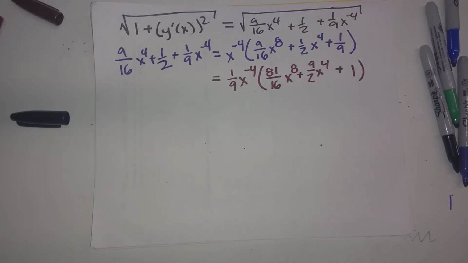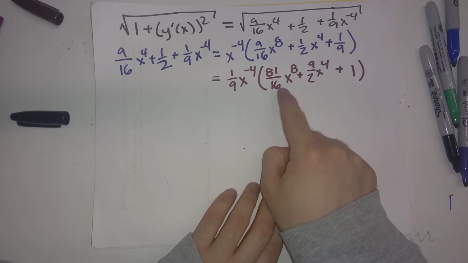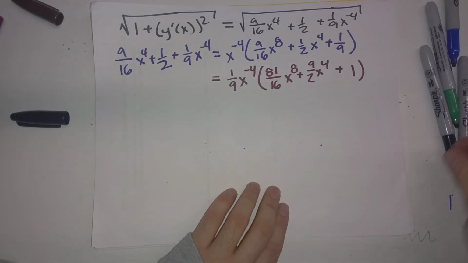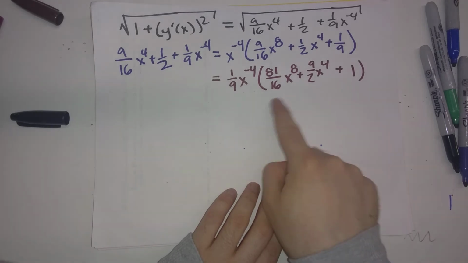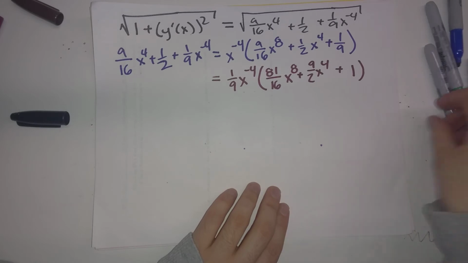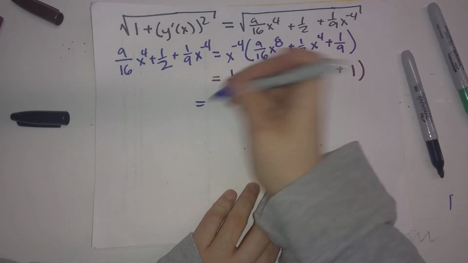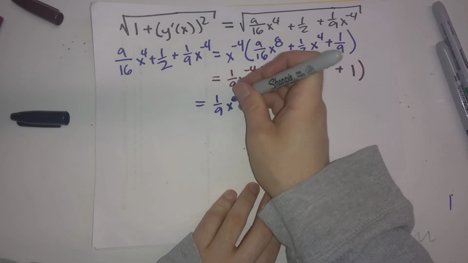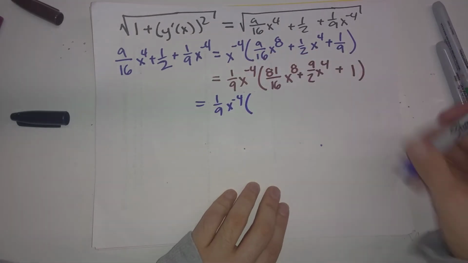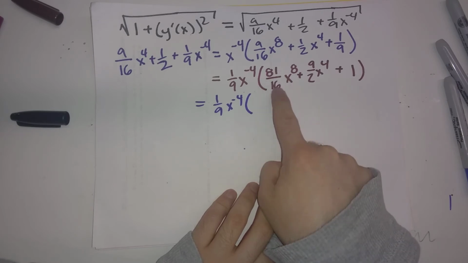Now, if you still are having trouble seeing this, you could pull out a 16 from all of this. But I think at this point I'm able to spot that this is a perfect square here. What is the perfect square? 81 over 16 is 9 over 4 squared.